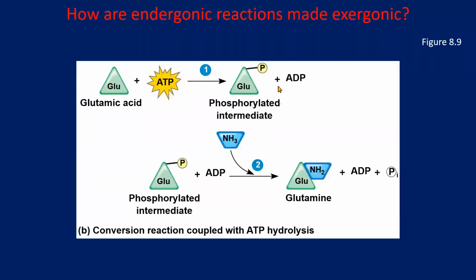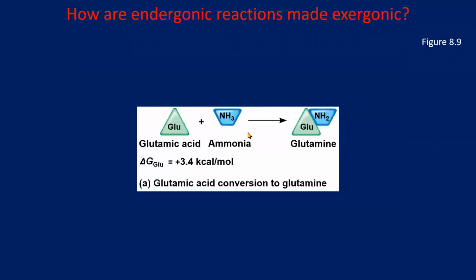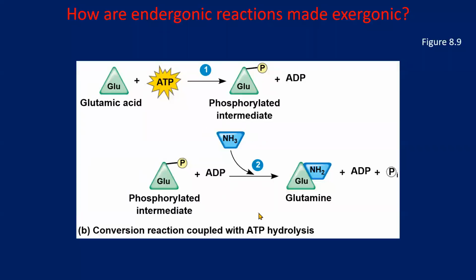At the same time, the glutamic acid is phosphorylated, and then the next step is bringing in the ammonia. When you bring the ammonia, the phosphorylated intermediate dissociates, and the glutamic acid becomes glutamine, releasing the phosphate.